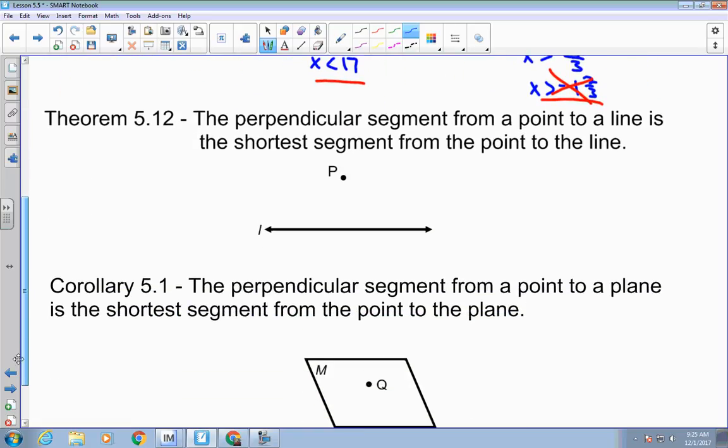The perpendicular segment from a point to a line is the shortest segment from a point to a line. Okay, this is here. We kind of talked about this a little bit. When you draw a line from a point to a line, there's all different ones that can be drawn, right? And we said that the true distance is always what?